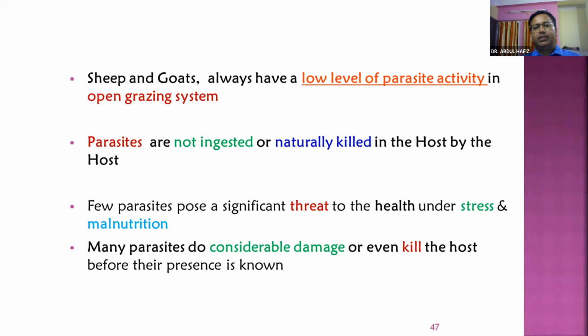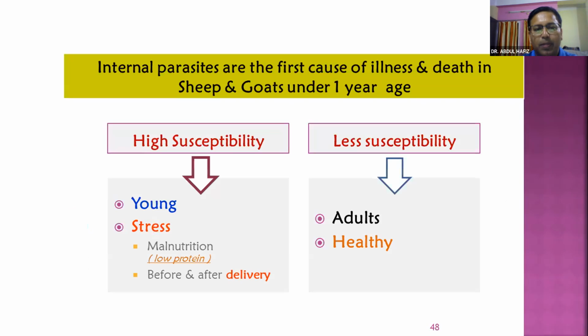That means in case of stress and malnutrition, animals generally suffer more from parasitic diseases. Many parasites do considerable damage or even kill the host before their presence is known. Internal parasites are the first cause of illness and death in sheep and goats.